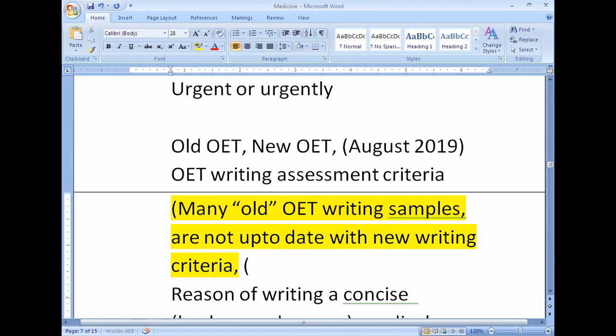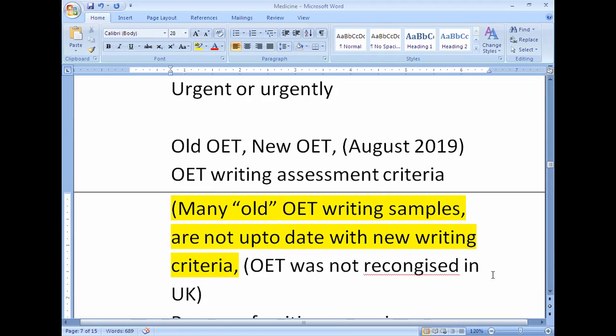because OET was not recognized in UK. Since OET was recognized in UK, there has been a lot of competition in OET, and they have made changes according to international rules, criteria and standards.